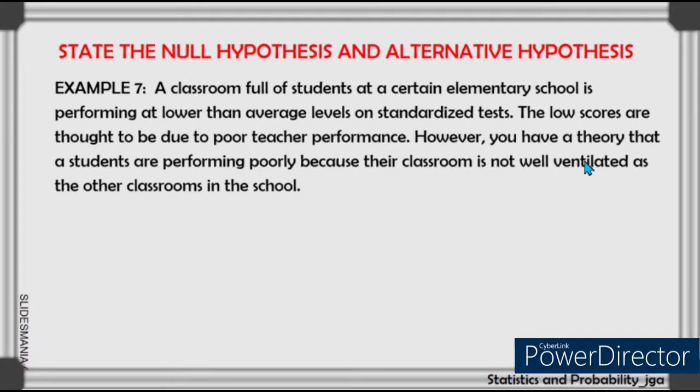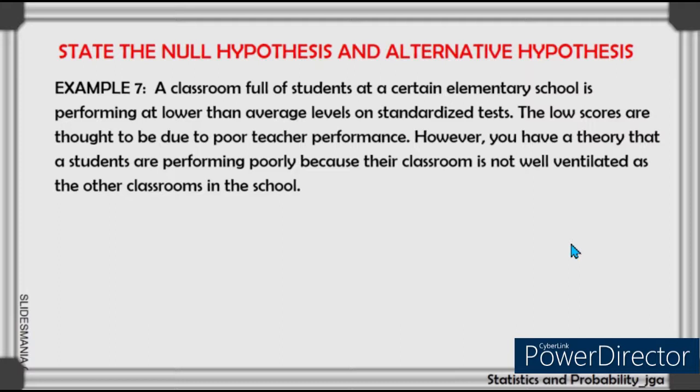A classroom full of students at a certain elementary school is performing at a lower than average level on standardized tests. The low scores are thought to be due to poor teacher performance. However, you have a theory that the students are performing poorly because their classroom is not as well ventilated as the other classrooms in the school. Okay.